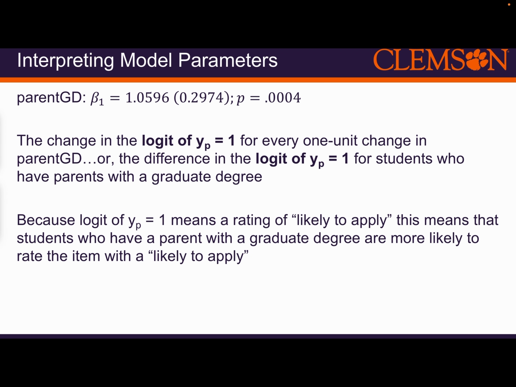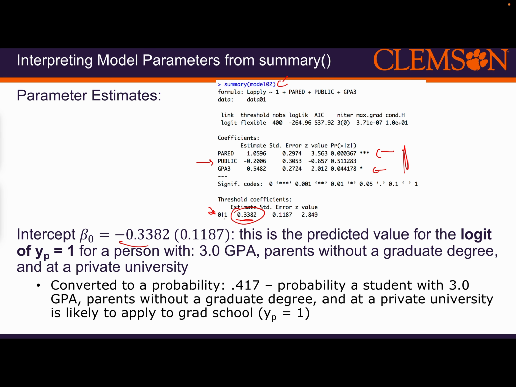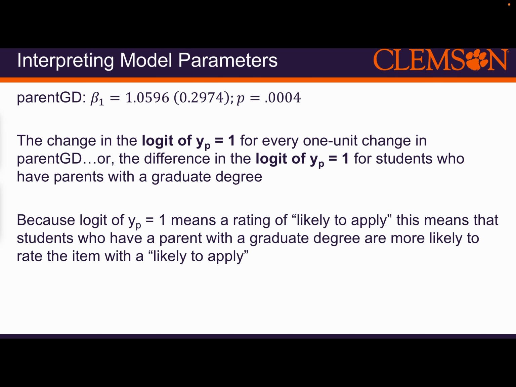So we can interpret the model parameters. Parent right here is whether one of the parents had a graduate degree. This is a 0-1 variable, right? So this is the change in logit for every 1 unit change in whether a person has a parent with a graduate degree. A 1 unit change means going from a 0 to a 1.